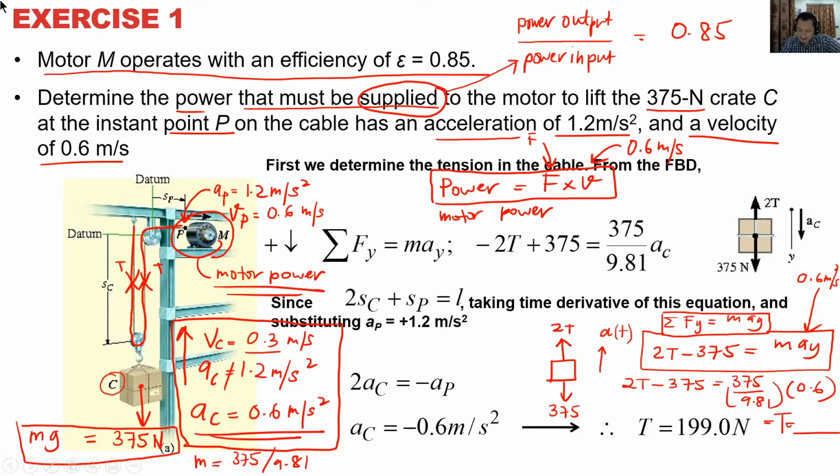Use your calculator. 375 divided by 9.81 times 0.6, plus 375, divided by 2.